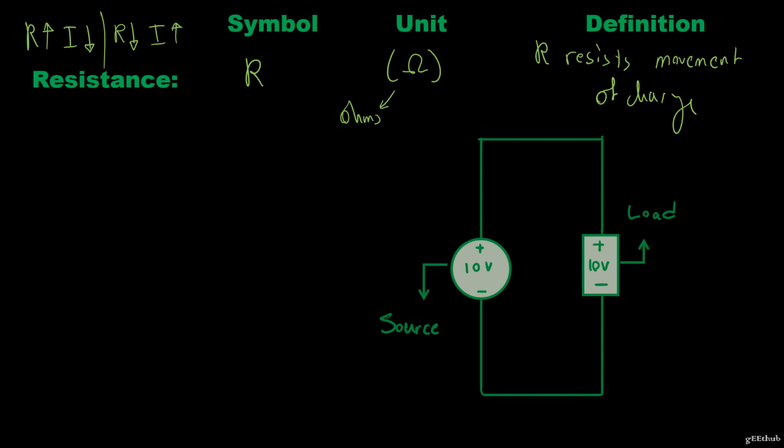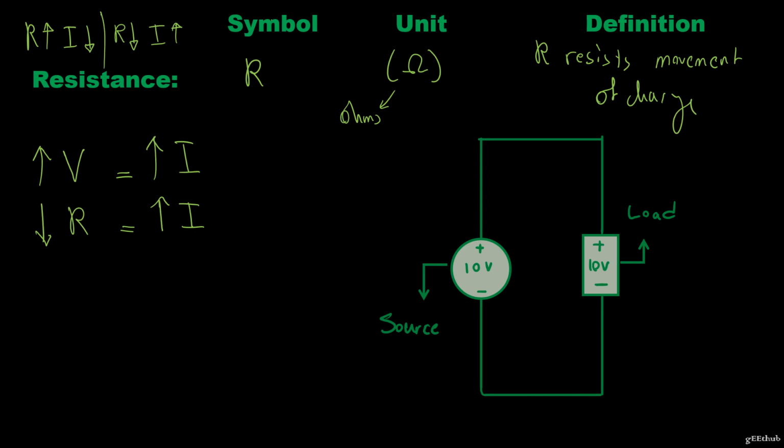So I know that if I have a higher voltage source, I will have higher current. Is that true? Yes, because there's going to be more energy provided to my circuit. I also know that if I have a small resistance, I will also have a high current.